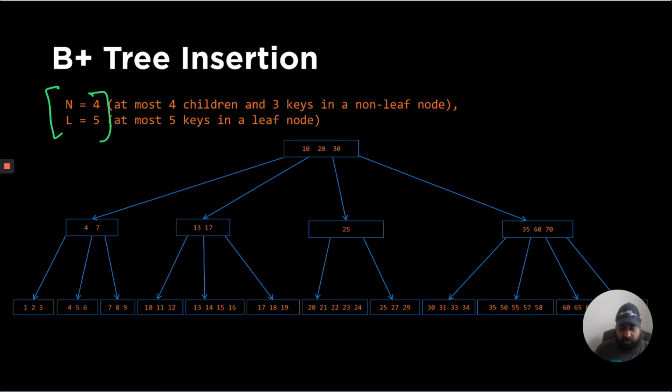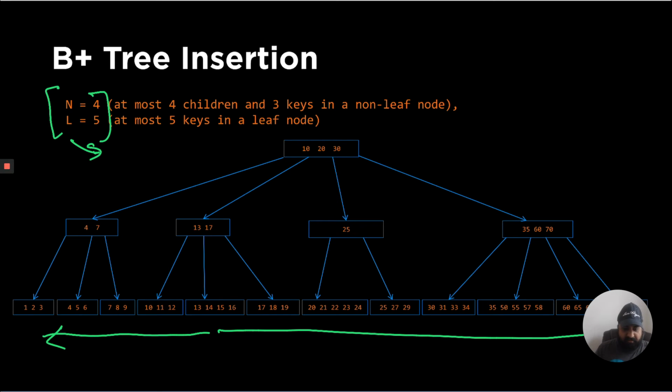Usually when we talk about B plus trees, L could be in the 10,000s or millions, which means the leaves have all the data and they have millions of keys per node. So here, since n equal to 4, it can have at most 4 children and 3 keys in a non-leaf node. And for L equal to 5, it can have at most 5 keys in a leaf node.